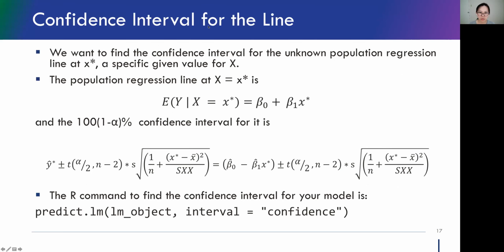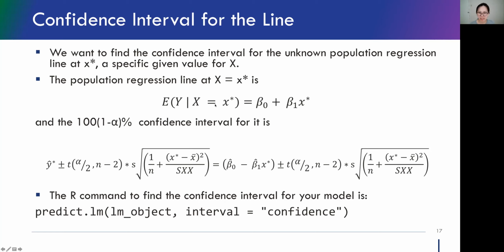Okay, now we will talk about the confidence interval for the regression line. We want to find this interval for the unknown population regression line at x star, a specific given value for x. We know the regression line is the expectation of y given x.